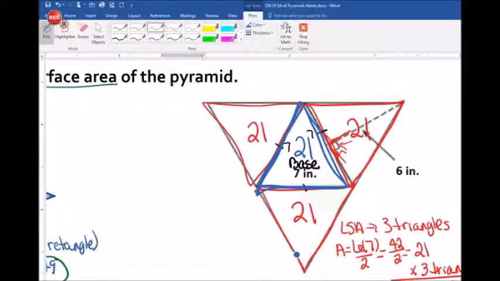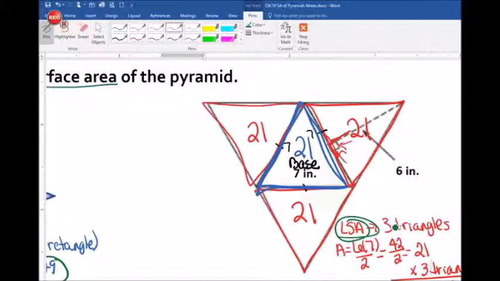So my base is 21 inches squared. And for the total surface area, you take your lateral surface area plus your base, and it's the sum, which is 84 inches squared.